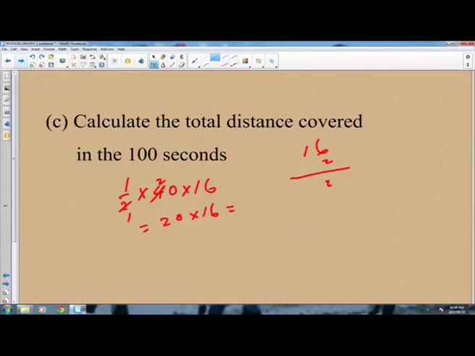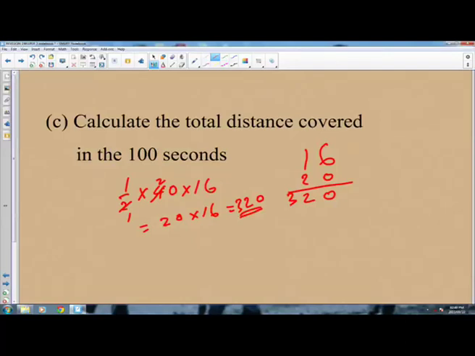Let's multiply this using a calculator. It's 16 times 20, a 0 here. Then 2 times 6 is 12, carry 1. 2 times 1 is 2, plus 1 is 3. So the area for the triangle, not rectangle, is 320. This is the area for the triangle.